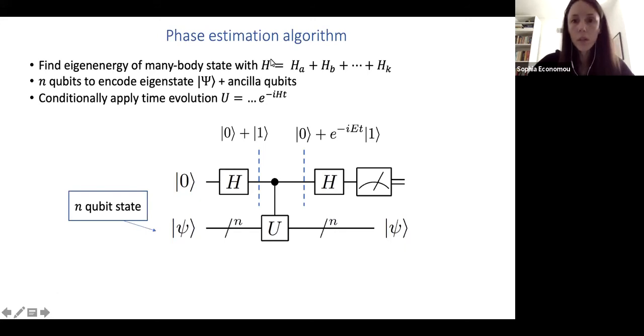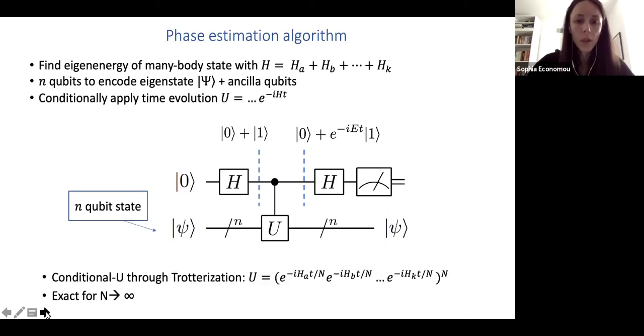So one challenge here is that because H is a multi-qubit Hamiltonian, so it has these different terms, I need to worry about decomposing this operator into elementary gates. So I need to actually trotterize this U in terms of these non-commuting H sub j's.